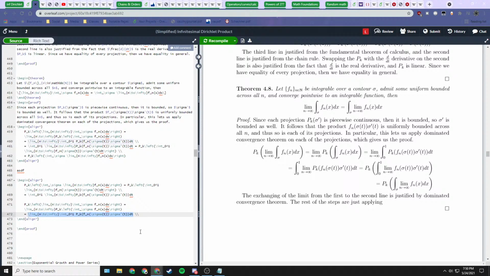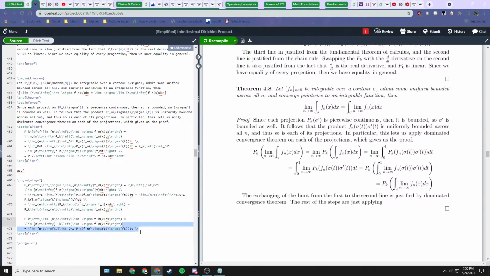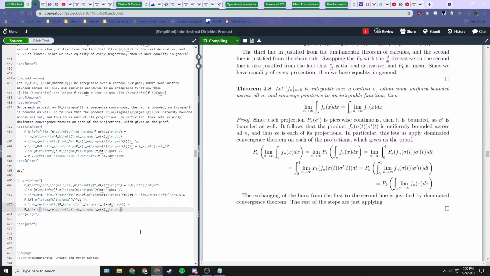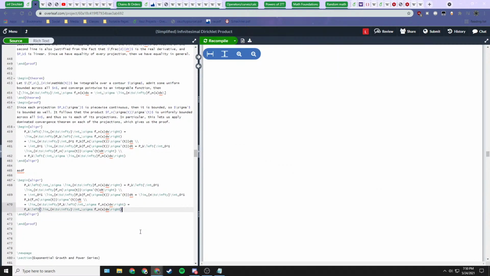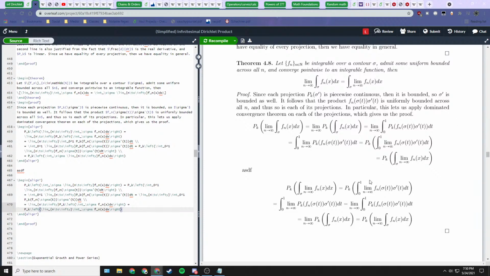Next we have this one, and this one, and then this. Hopefully I did that correctly. One, two, three, four, five, six. 1, 2, 3, 4, 5, 6. Perfect. That means I got them all.